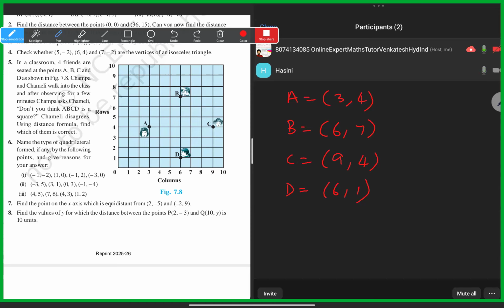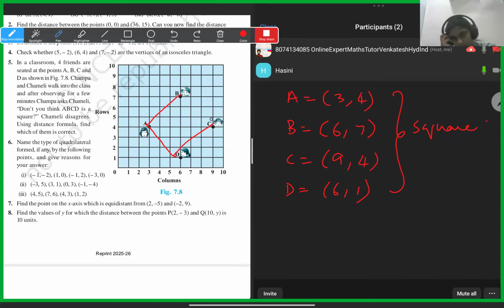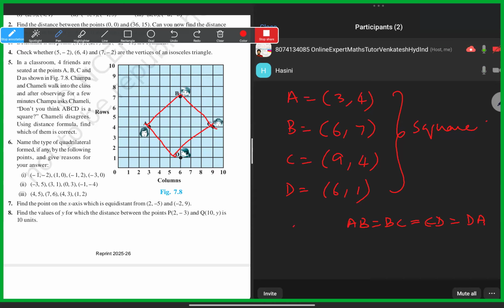So suppose this is a square, these four points will form a square. What are the conditions required, Hasni? The square conditions: all the four sides AB, BC, CD, and DA should be equal, and diagonals also we have to check. Diagonals means AC and BD, and BD is equal to CA.